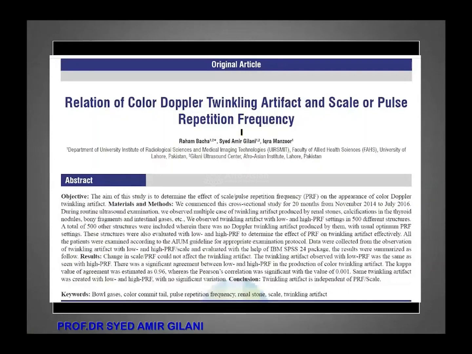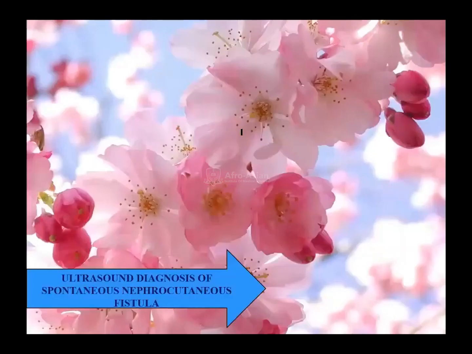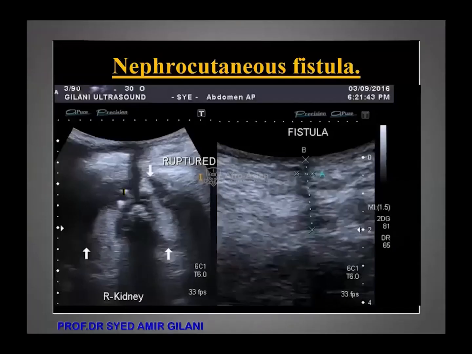Another important thing which can be ruled out is the ultrasound diagnosis of spontaneous nephrocutaneous fistulas. It is rare because it is very usual to have a fistula with other organs which are near the kidney, but it is rare to see fistulas from the kidney to the skin.